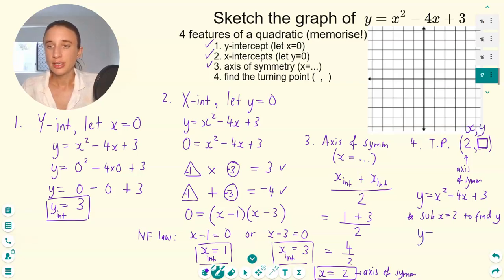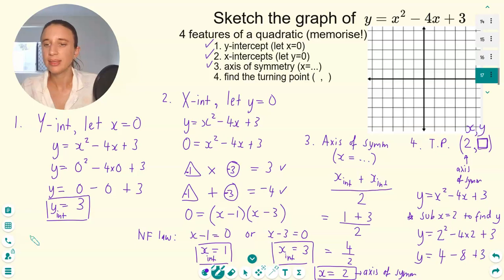Let's substitute it in. So wherever there's an x, you're going to put a 2. So y equals 2 squared, take 4 times 2 plus 3. BIDMAS. Brackets, no brackets. Indices first. So 2 squared is 4. And then you can also do multiplication at the same time. So I can see some multiplication. Negative 4 times 2, negative 8 plus 3.